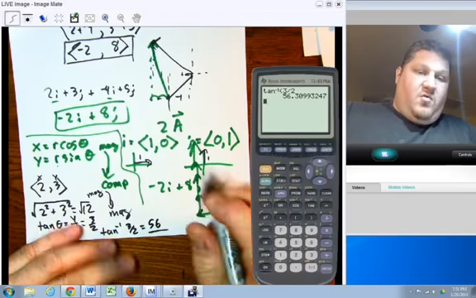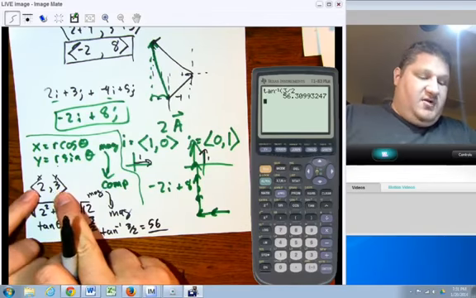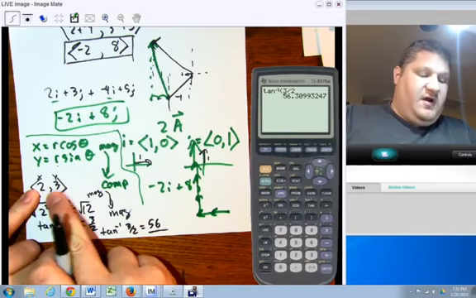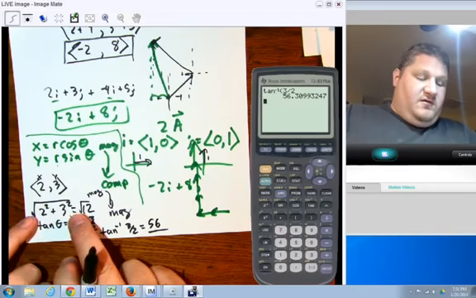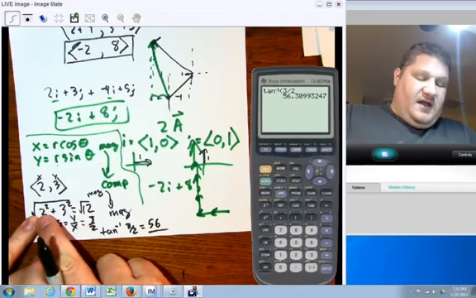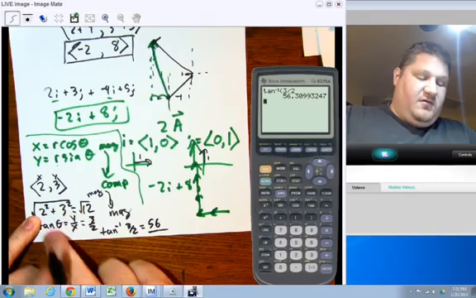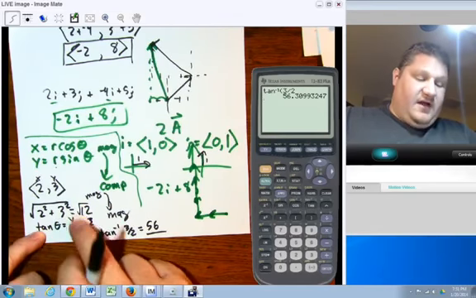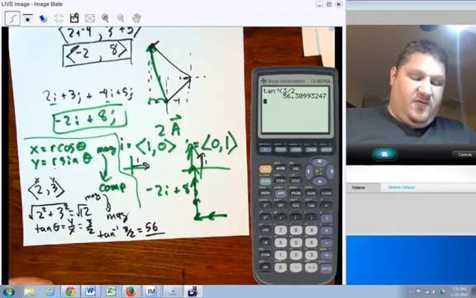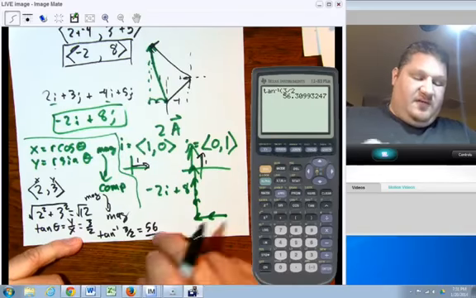So what we have is a component vector of 2 comma 3, or a unit vector of 2i plus 3j. We can use a version of the distance formula, a squared plus b squared, square root, to find magnitude. Tangent of theta is y over x, or b over a, depending if you're using IJ format, to come up with 56.